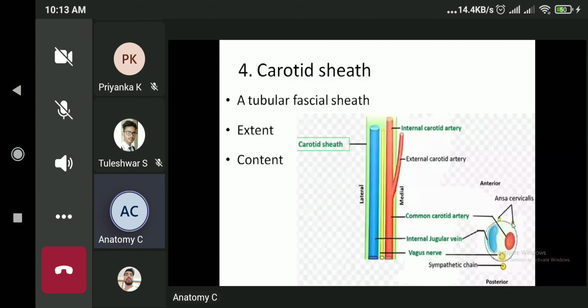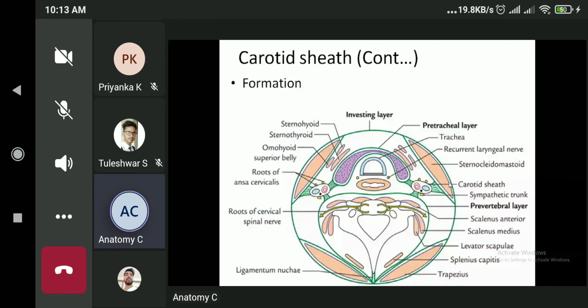Now talking about the formation. You people have to mention how the carotid sheath is formed. I've already mentioned it two or more times. The anterior wall of the carotid sheath is formed by the pretracheal fascia, and the posterior wall is formed by the prevertebral fascia.